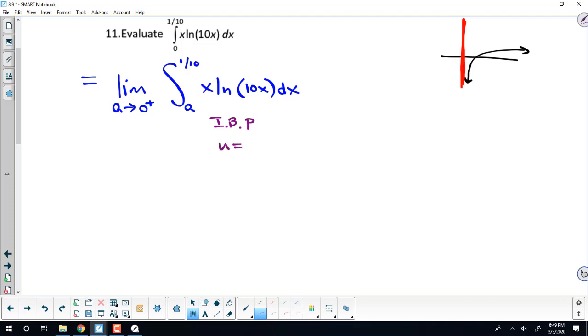We need to identify u and dv. So u is the natural log of 10x, and dv is going to be x dx.